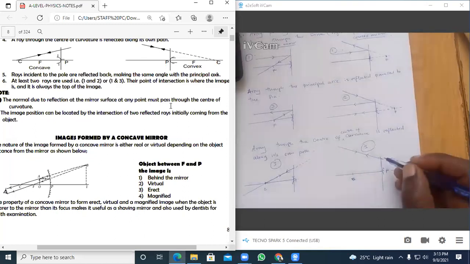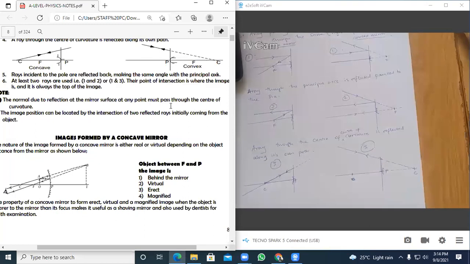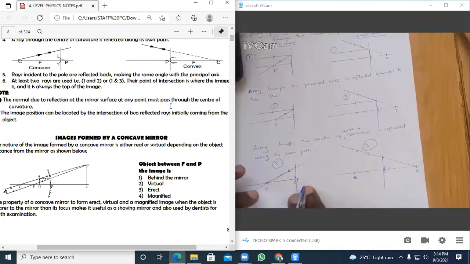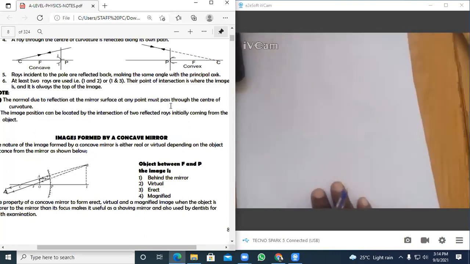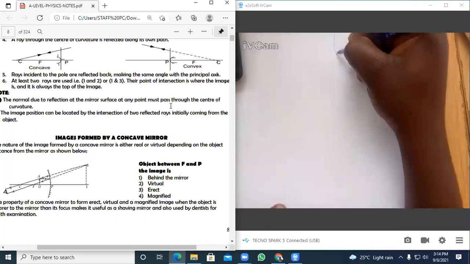So you may wonder, you are saying this is now a straight line, how can this one be 90 degrees? I've just used this for you to understand very well how this ray is being reflected, but we know how a curved mirror looks like. If I may change this side, a curved mirror, if it is convex, will look like this.